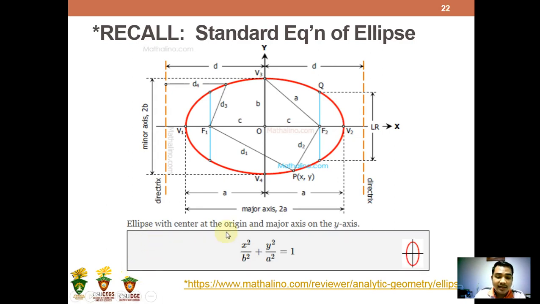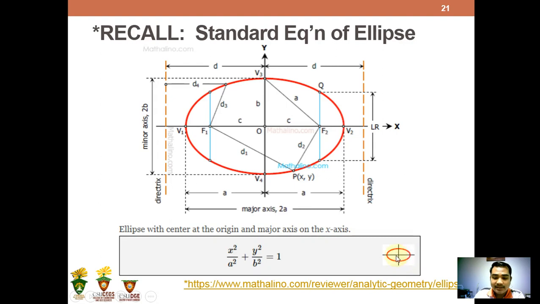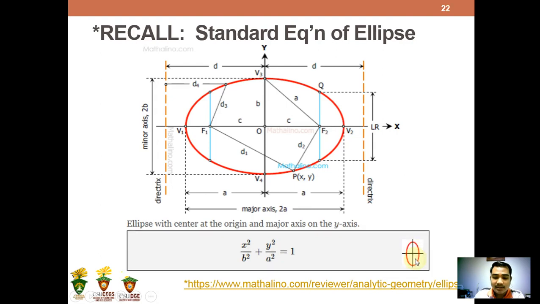And this is the form of an ellipse, having the center at the origin and the major axis at y axis. So ang iyang major is along y axis. Ganina kay x axis, kani is y.